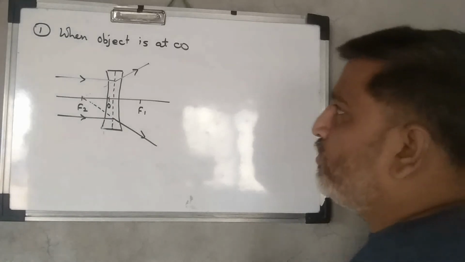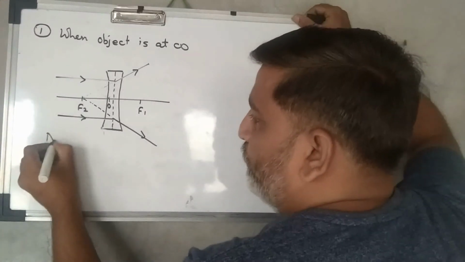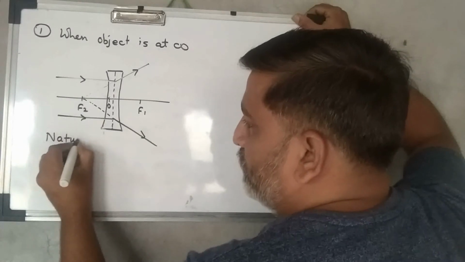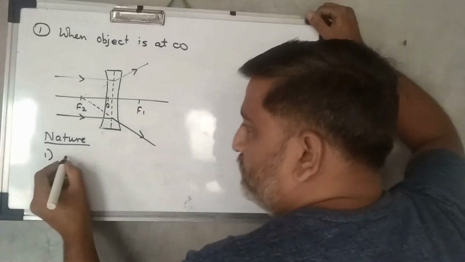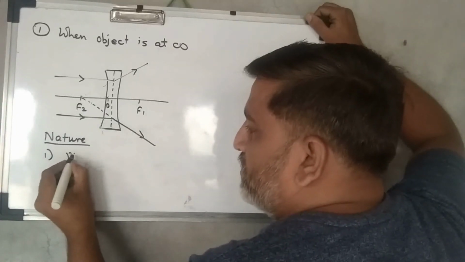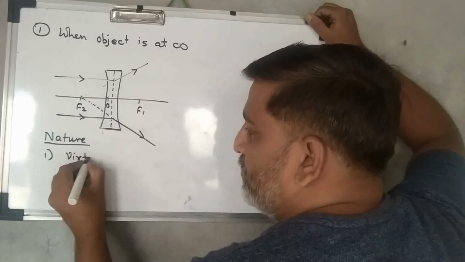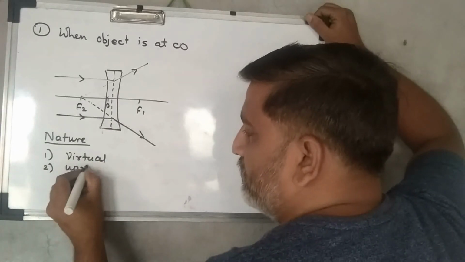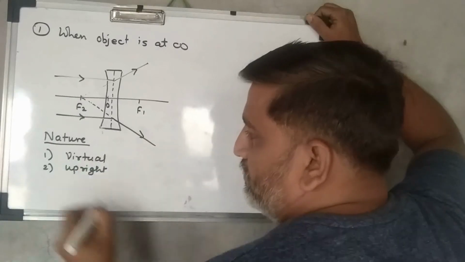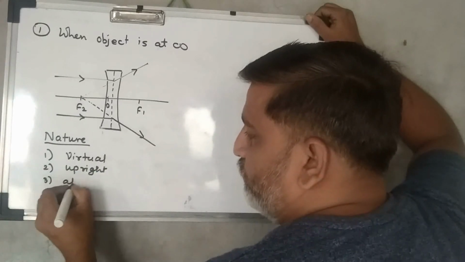So, what is the nature of the image formed? The nature is, first, it is a virtual one. Image formed is virtual. Second thing, it is upright. Okay. Third one, it is at the focus.